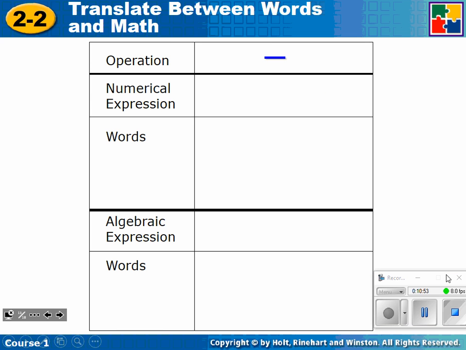So we got subtraction. How would you say that? Rosie. $90 minus 12. What's another way to say it? Tyler.